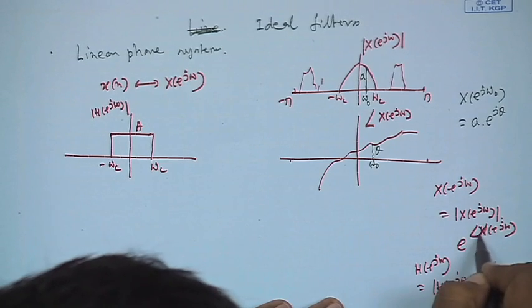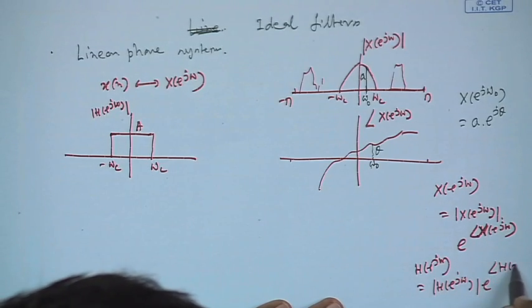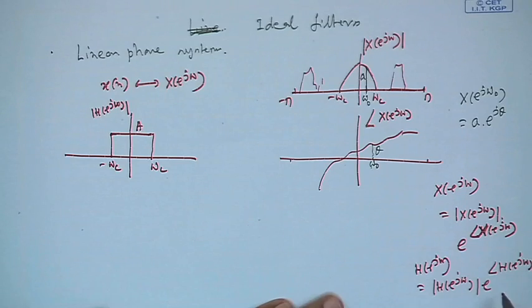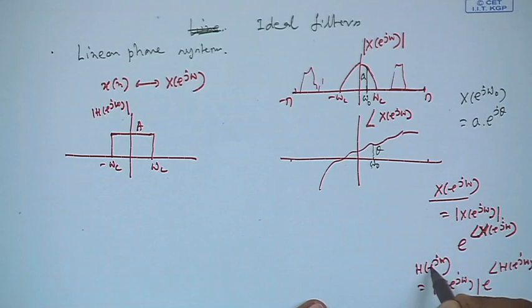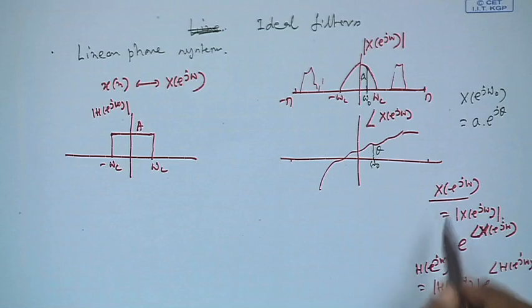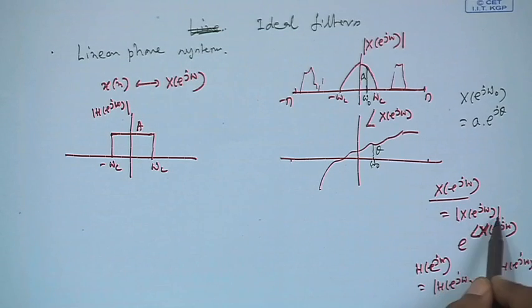Sorry, this is x, very sorry, this is x. So, when you pass a signal through the filter of transfer function h e to the power j omega, output will be product of the two DTFT. So, output magnitude will be mod of x e to the power j omega into mod of h e to the power j omega, and phase e to the power these two phases will add. So, phases will be added and magnitudes will be multiplied.